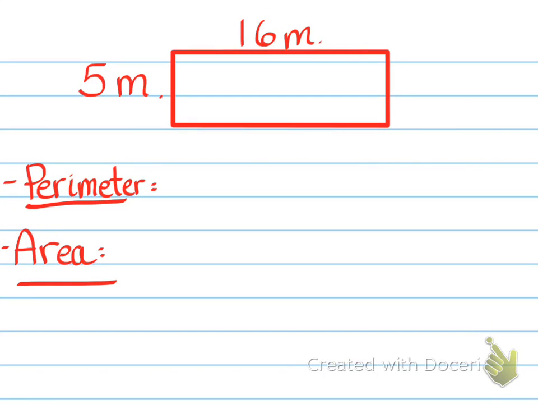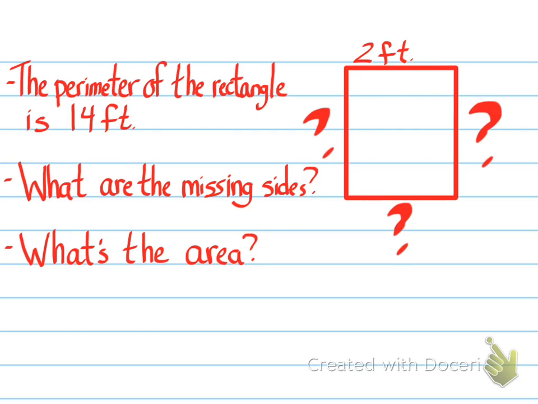Okay, so here is the answering questions part of your homework. You need to go ahead and find the perimeter and the area of this rectangle. Now, if you have any questions, go back into our tutorial to see what we've already done, and that will help you. Okay, and the next problem is the perimeter of this rectangle is 14 feet.